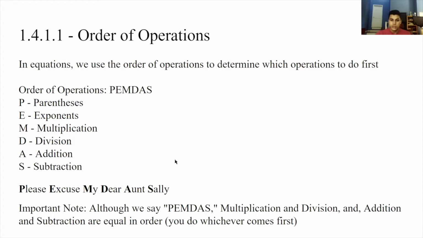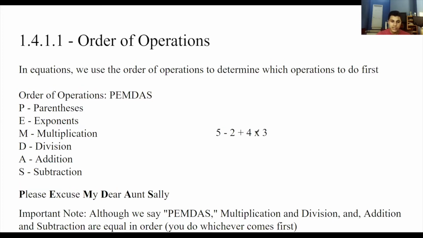So to explain this, I have an example equation here where we have 5 minus 2 plus 4 times 3. So our order of operations tells us that we need to do 4 times 3 first because it's multiplication. So 4 times 3 simplifies to 12. So now we're left with 5 minus 2 plus 12.